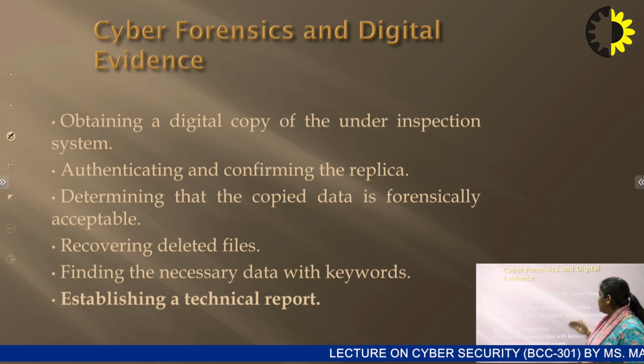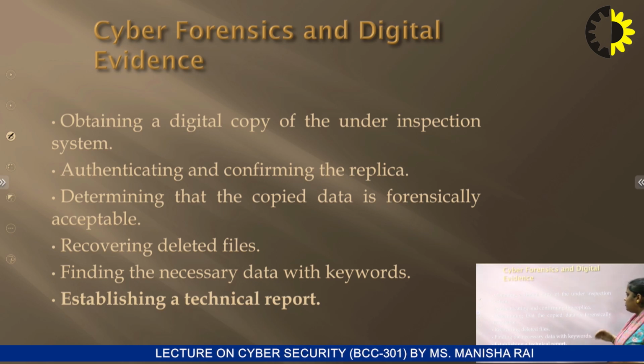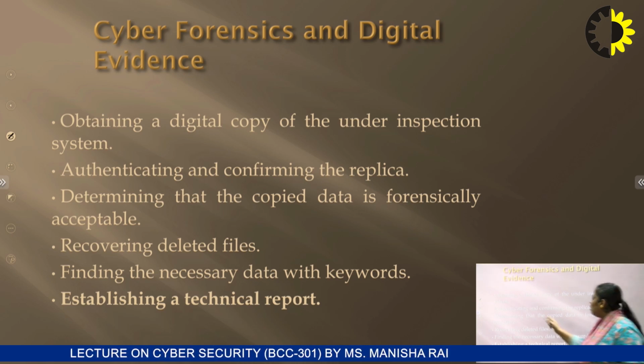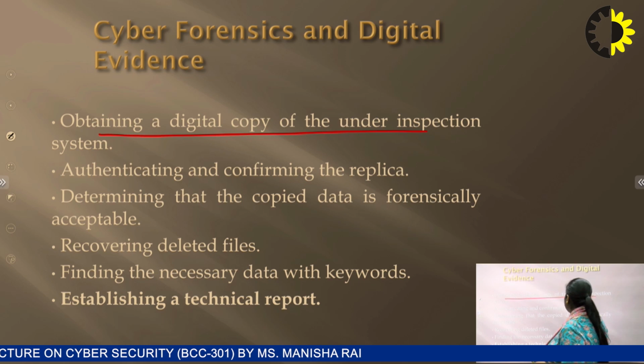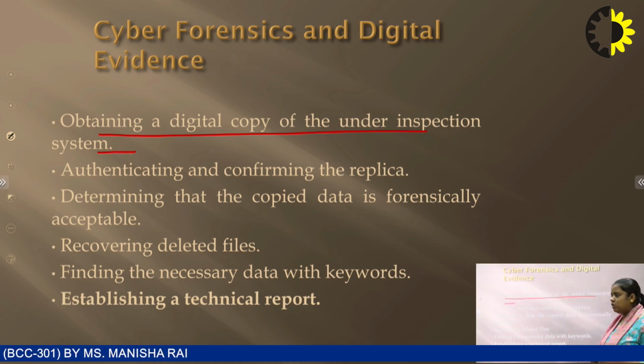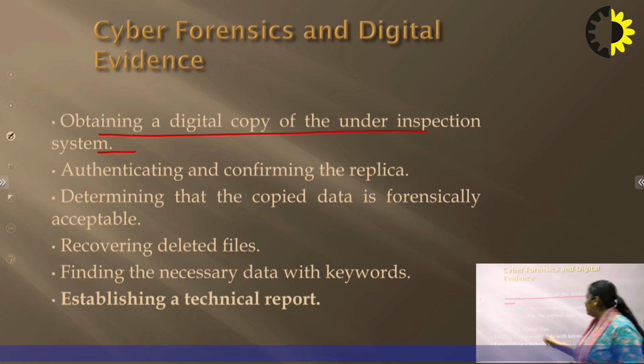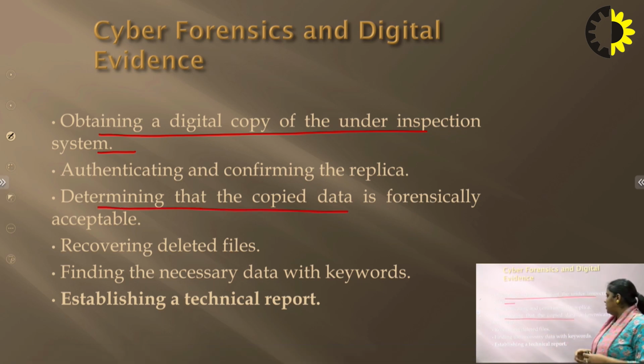After that, we will discuss that particular diagram in a detailed manner: how we can obtain a digital copy of the system under inspection. After that, we will authenticate that data, whether it is related to the subject or not, and then we will determine whether the copied data is forensically acceptable or not.